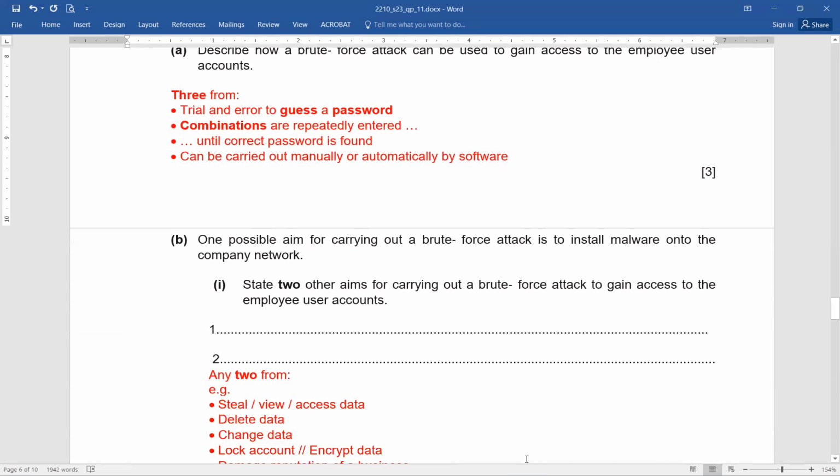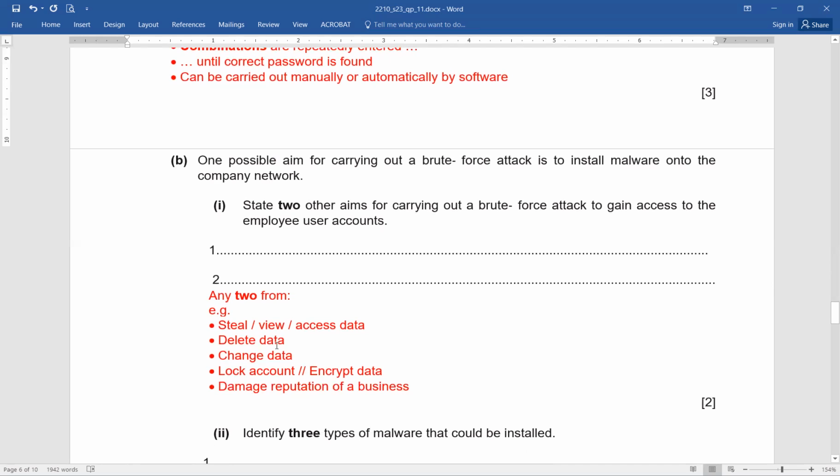One possible aim for carrying out a brute force attack is to install malware onto the company network. State 2 other aims for carrying out a brute force attack to gain access to the employee user accounts. So the reasons are any 2 from: to steal, view or access the data, to delete the data, to change data, to lock the account, or to encrypt the data, to damage the reputation of a business.